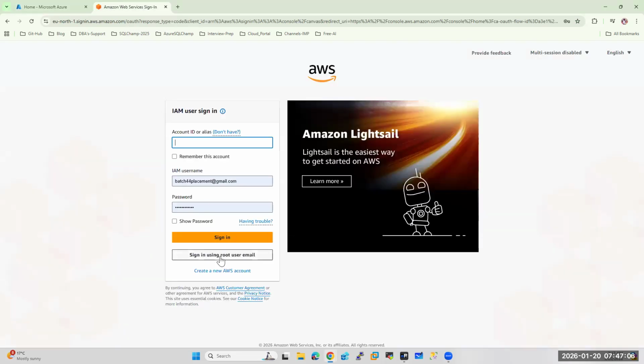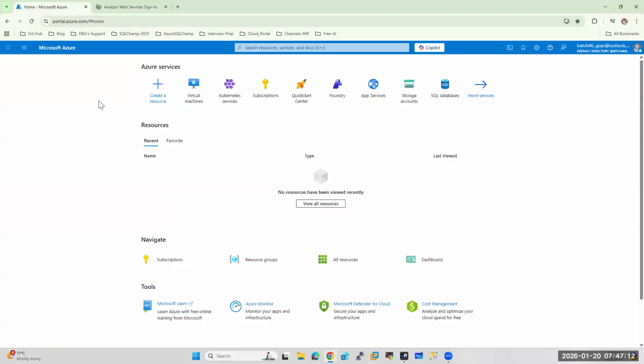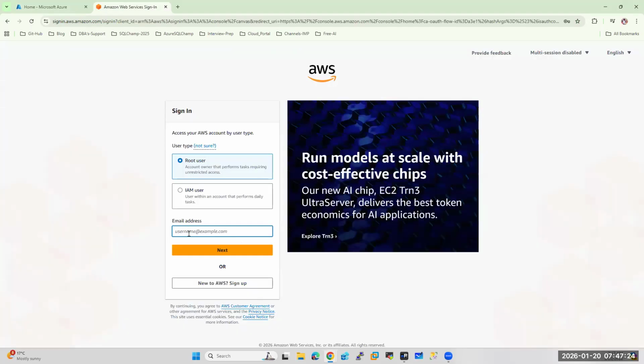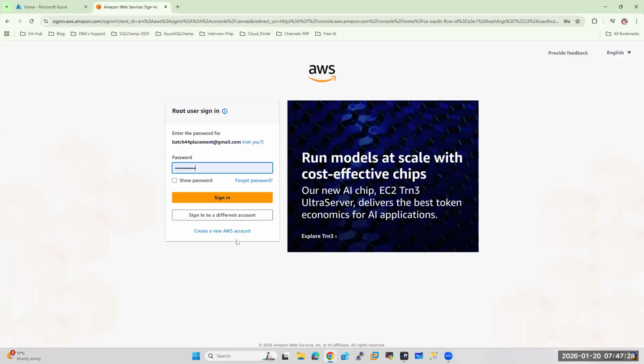Once you log into the portal, can I do anything here? No. In Azure, the first thing is the subscription. This is the hierarchical level pattern of deployment. But when you go to AWS, there is nothing called subscription, and nothing called resource group.